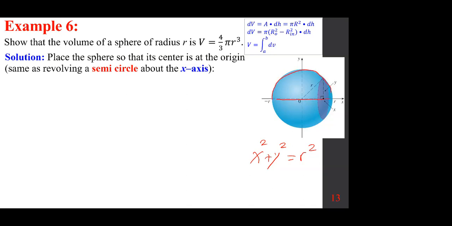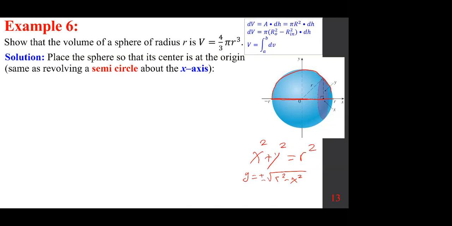So this top semicircle is the same thing, solve for y and keep the top piece. Remember, y is plus minus the square root of r squared minus x squared. The top semicircle is just the plus one. And we are going to revolve this about the x-axis.